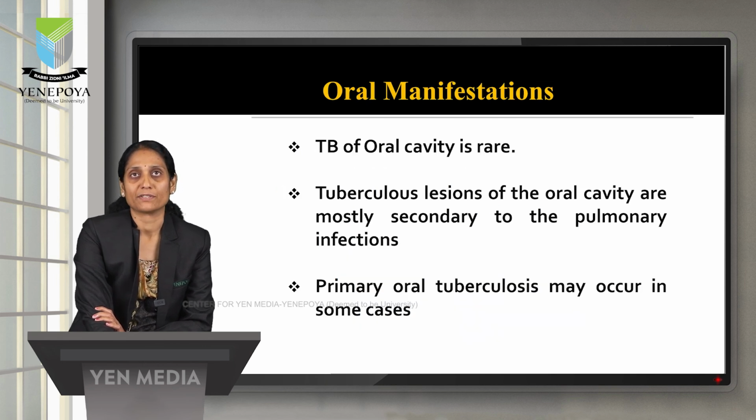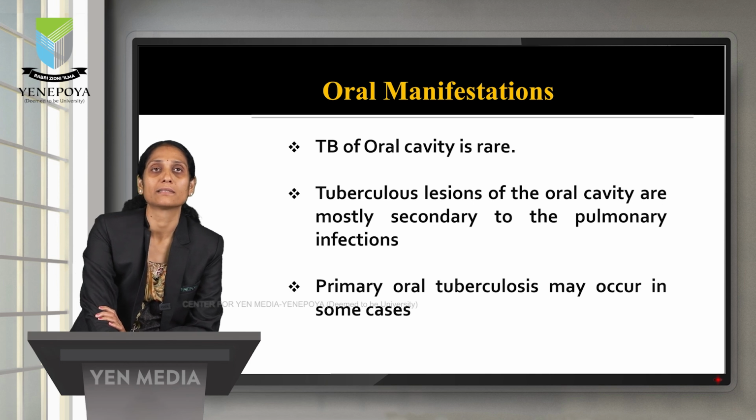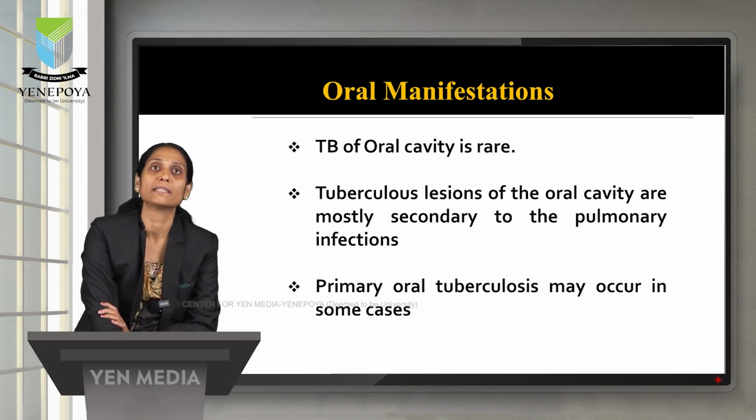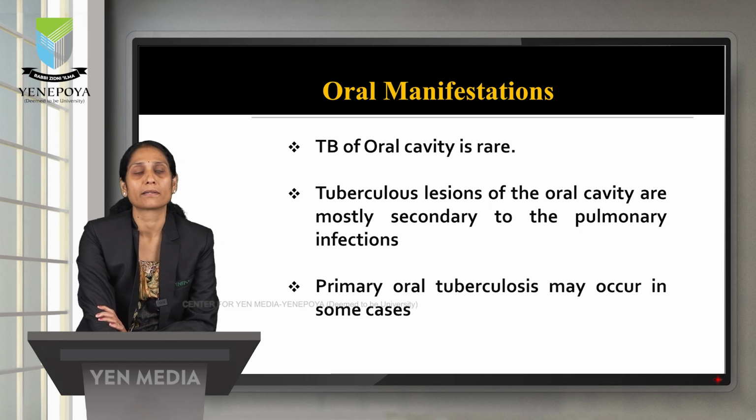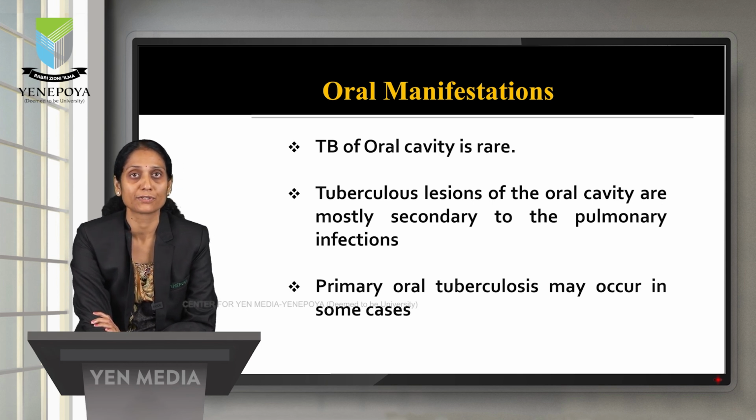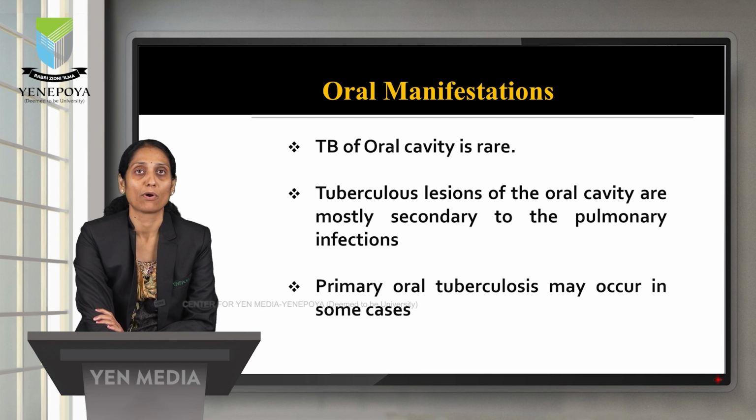So, oral manifestations. As dentists, we are concerned about the oral manifestations, or features seen inside the oral cavity. Here, the occurrence of tuberculosis in the oral cavity is quite rare, because it normally happens in the form of secondary infection. Primary tuberculosis may not occur here.